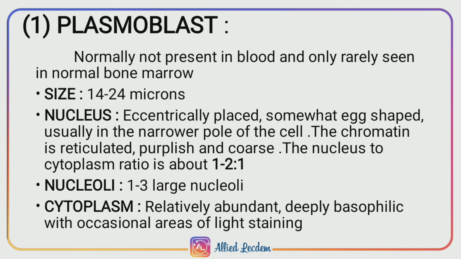Plasmoblast. It is normally not present in blood but rarely present in normal bone marrow. The size of the cell ranges from 14 to 24 microns and its nucleus is eccentrically placed and looks somewhat egg-shaped and present usually in the narrower pole of the cell.